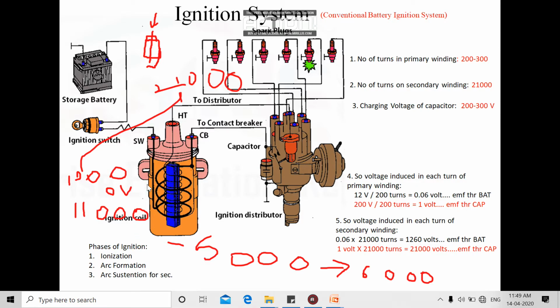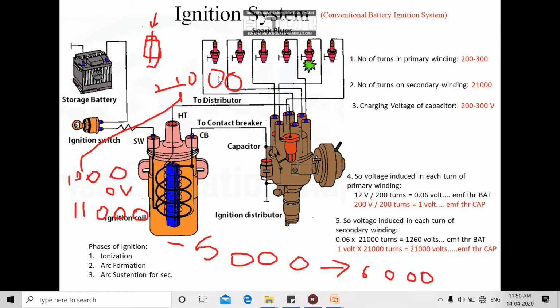For that purpose we utilize 10,000 volts out of the 21,000 volts to form a charge carrier. Once the charge carriers are formed, the remaining is 11,000. Out of this 11,000, 5,000 volts is used for arc formation, and the remaining 6,000 is used for arc suspension for a second.